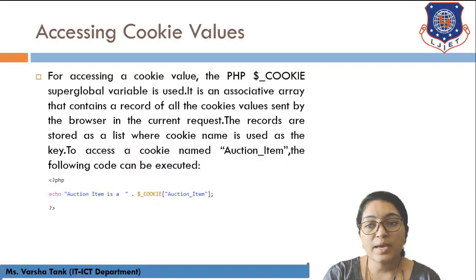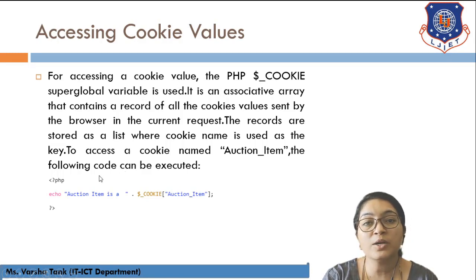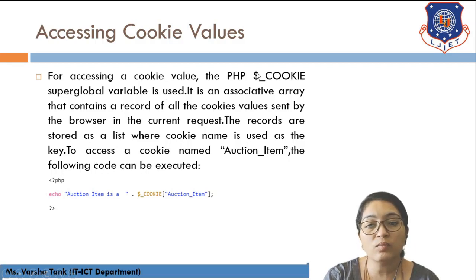Now next is accessing the cookie values. For accessing a cookie value, the PHP dollar cookie superglobal variable is used. To access the session value, the PHP dollar session global variable is used. So likewise, for cookie, we are using the dollar cookie superglobal variable.